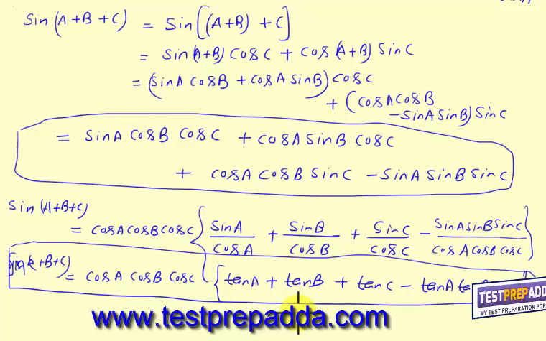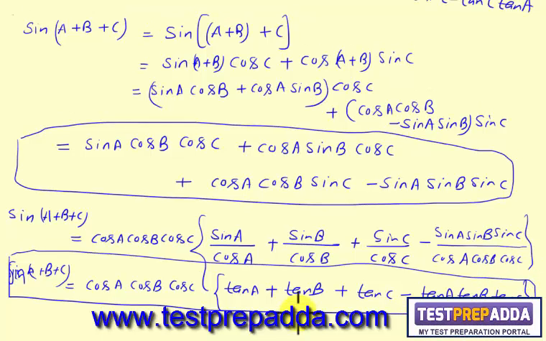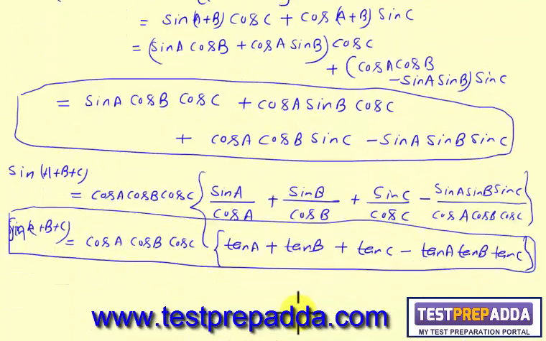Now I will try to get the identity of cos(A + B + C) in the same manner.